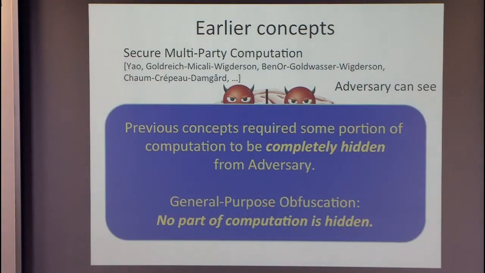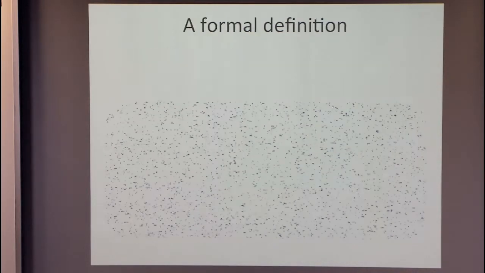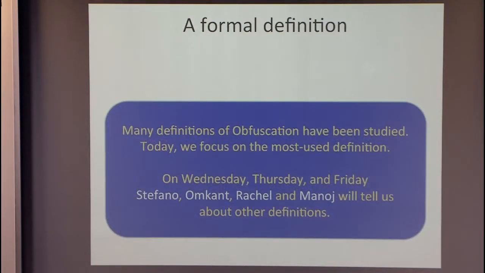And this is really the main difference, as I mentioned. All these previous concepts required that some part of the computation be completely hidden from the adversary, whereas in obfuscation, no part of the computation is hidden from the adversary. Okay? All right. So that's the vague notion of obfuscation.